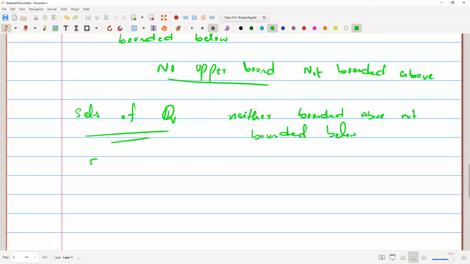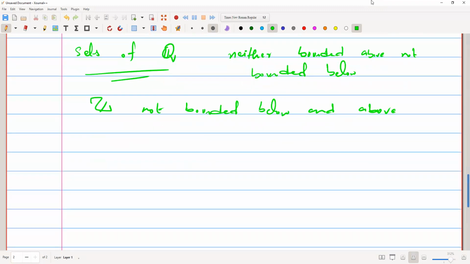And similarly, the set of integers is not bounded above and not bounded below. So we cannot find the upper and lower bounds for these sets, so we call them unbounded sets. These are the examples of unbounded sets.